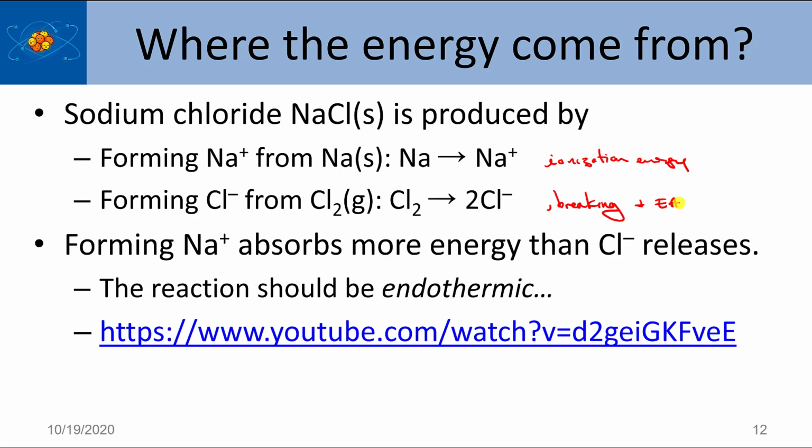So there's a lot of details that we have to think about in order to think about where or why sodium chloride forms when sodium metal is exposed to chlorine gas. Because by this reasoning, the sodium absorbing the energy and the bond breaking absorbing energy, the sodium chloride reaction should be fairly endothermic. But let's watch a short video.